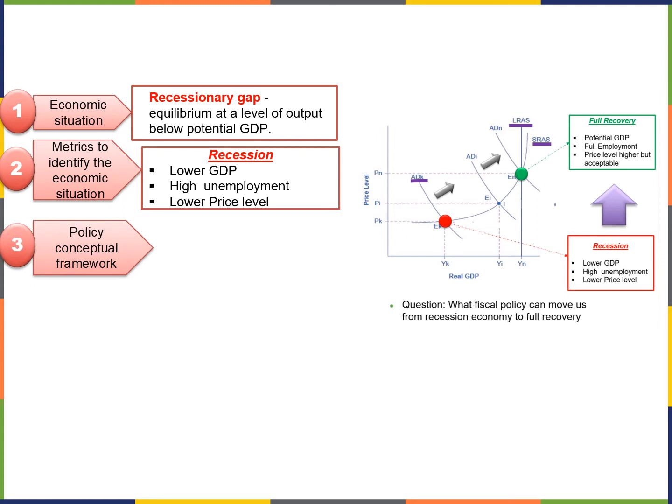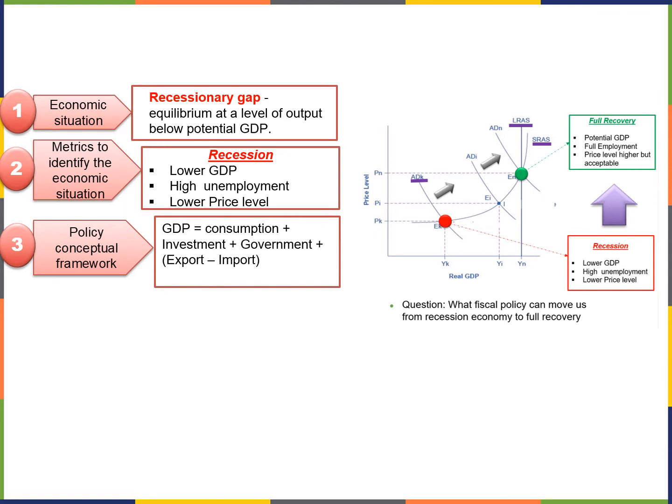Well, now that we know what the economic situation is and how to describe it with those metrics, what policy conceptual framework will we use to move ourselves from recession to full recovery?